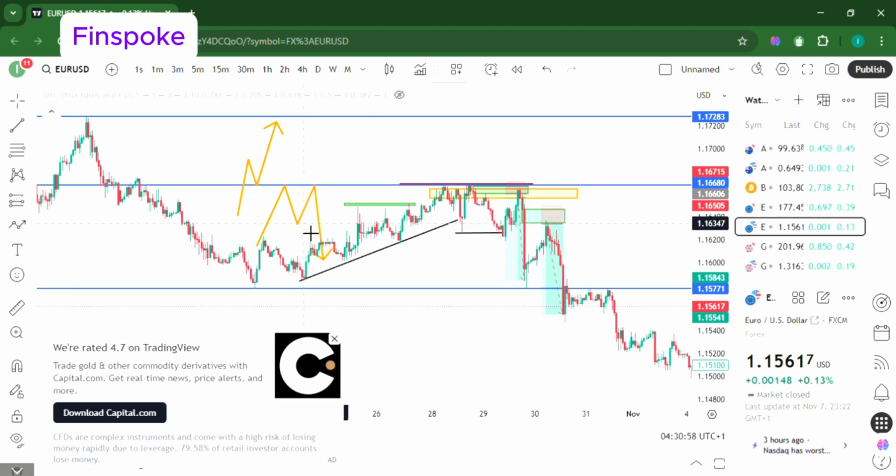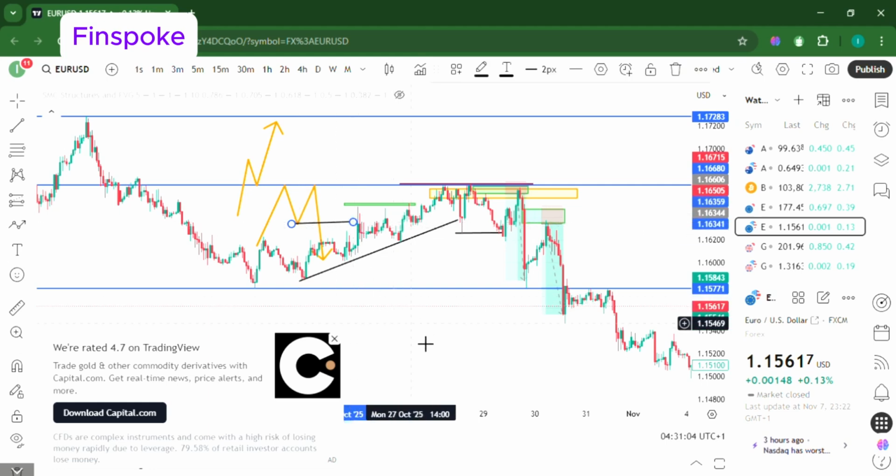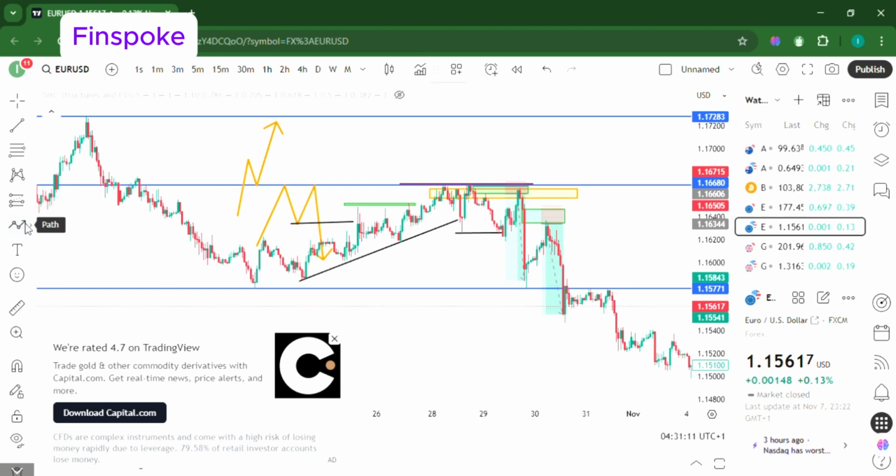If you follow this double top chart pattern rule, this is the neckline. The safe place to enter a trade is when price breaks this neckline and retests, which is this movement, and you now enter at the end of the retest before you follow it to push down.